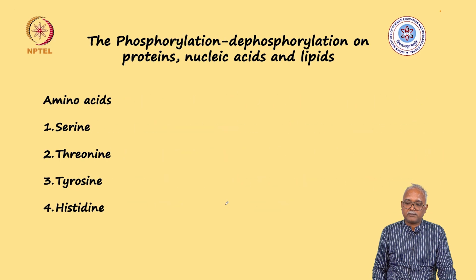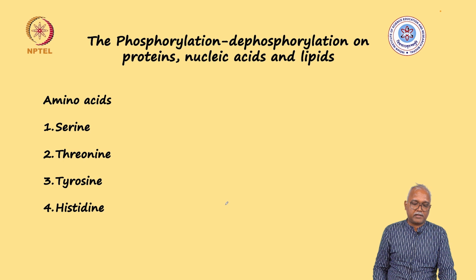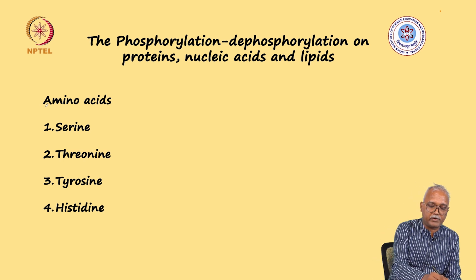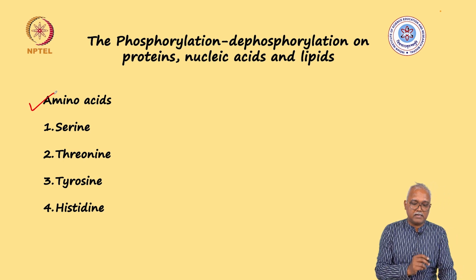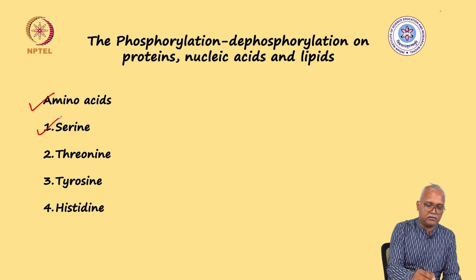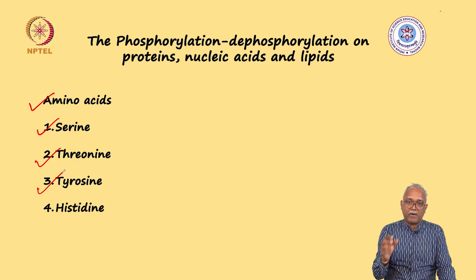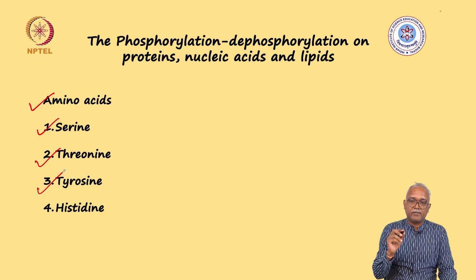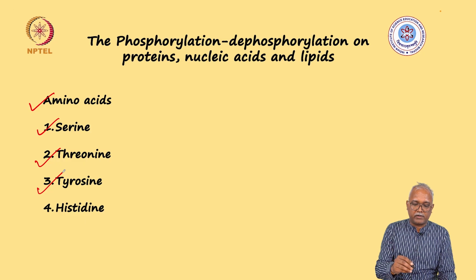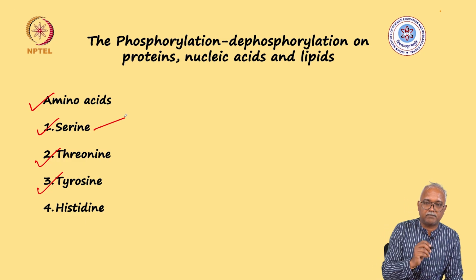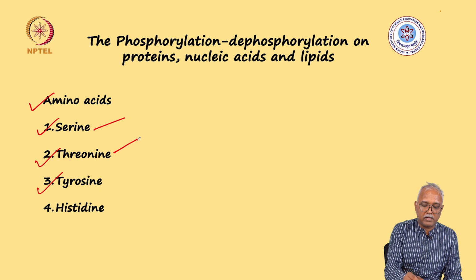What different residues can be phosphorylated? If you talk about proteins, the amino acids are the target. Serine, threonine, and tyrosine are very important amino acids which in bulk get phosphorylated. The most commonly phosphorylated residues are serine and threonine.